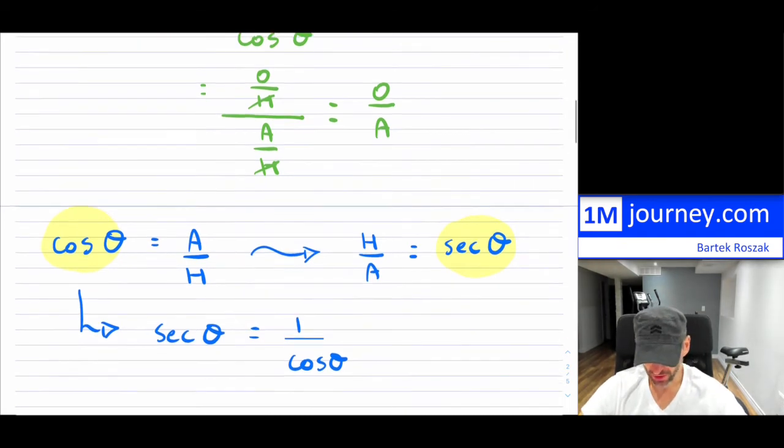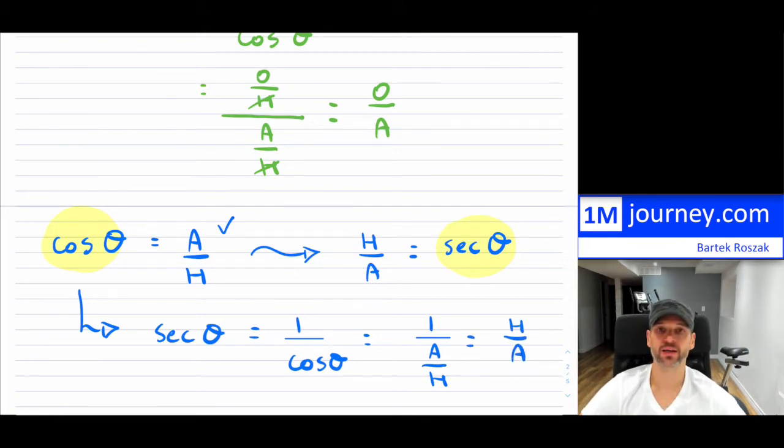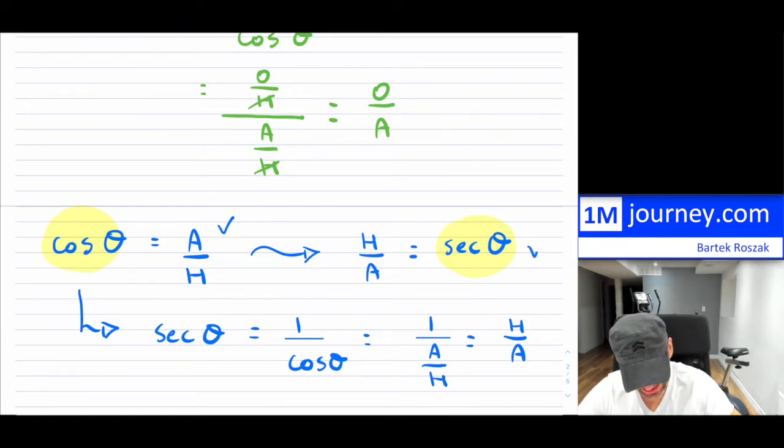If we substitute cosine of theta, which is adjacent over hypotenuse, then we get 1 over adjacent over hypotenuse. Now this is just a fraction, which equals hypotenuse over adjacent. That's just knowing your fractions. So that is how the secant of an angle is defined.